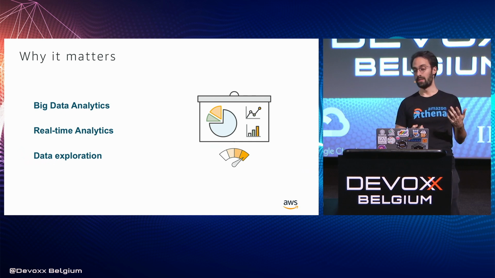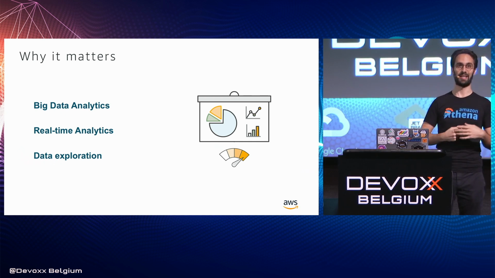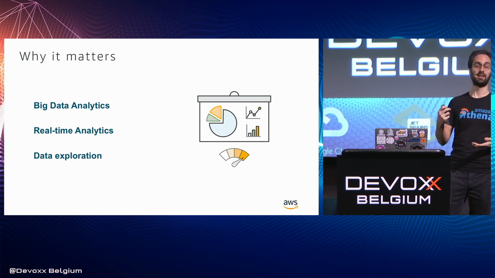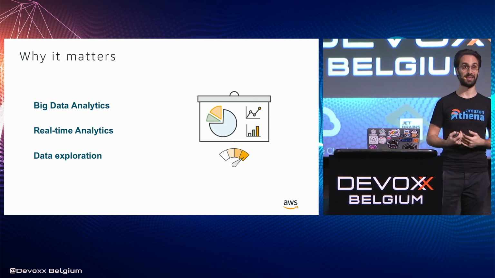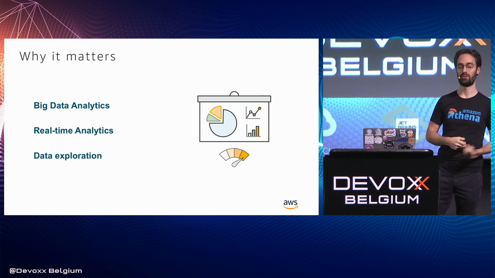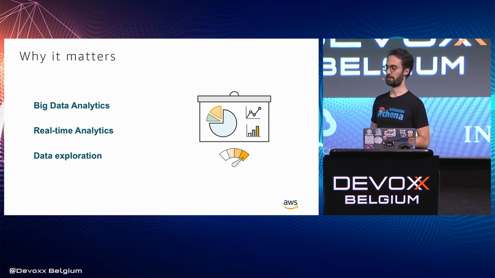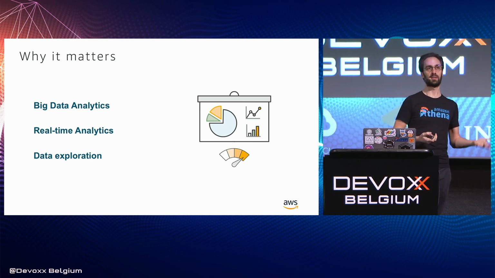Why does it matter? Big data, again: we have petabytes or exabytes of data. We want to make sure our queries run in seconds or minutes, not hours or days, which is the case if you use more traditional data formats and databases. Another cool use case is real time.